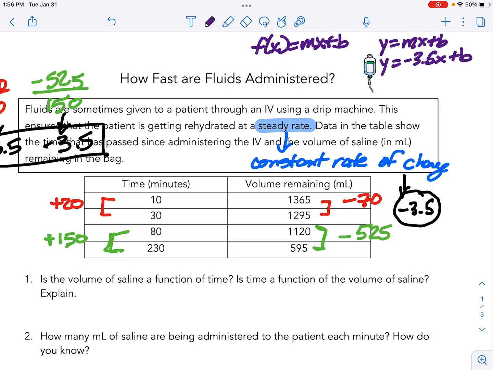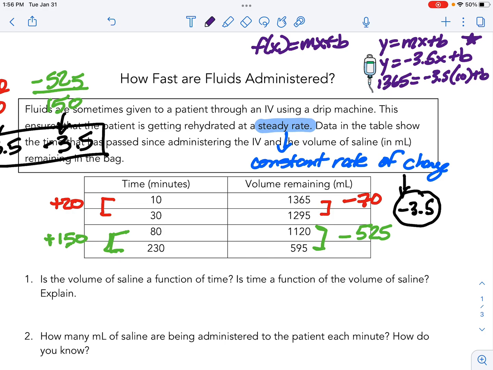In order to figure out the y-intercept, which is this b value on the back end of any linear function, I can take any point on this table, throw it into the equation, and calculate the b value. So I'm going to do that with 1365 and 10.